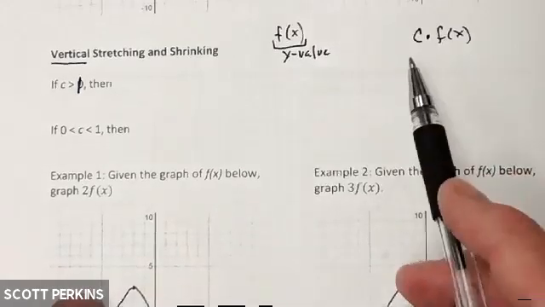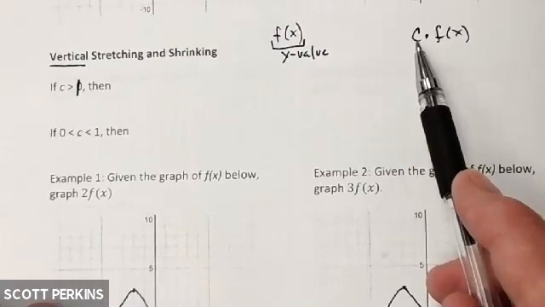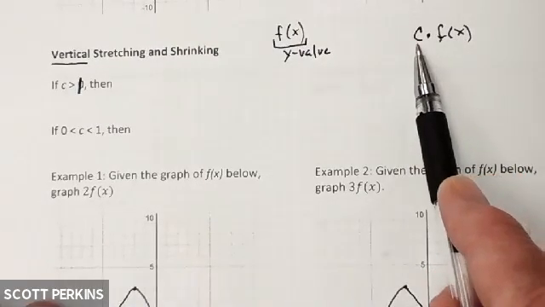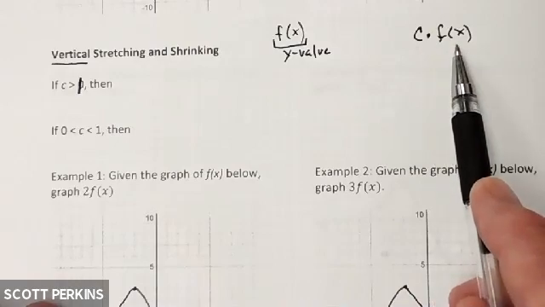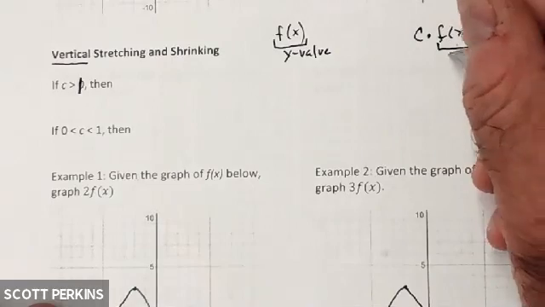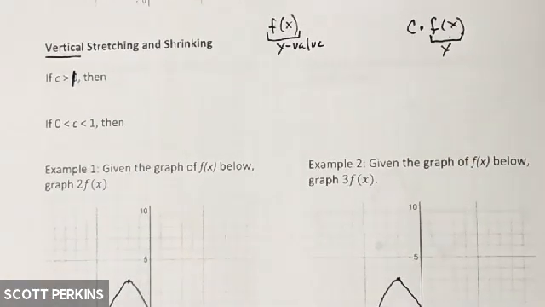Let me ask it another way. This notation means I'm going to take a number c, whatever it is, and multiply it by the y's. I'm going to take a number c and multiply it by my y values.